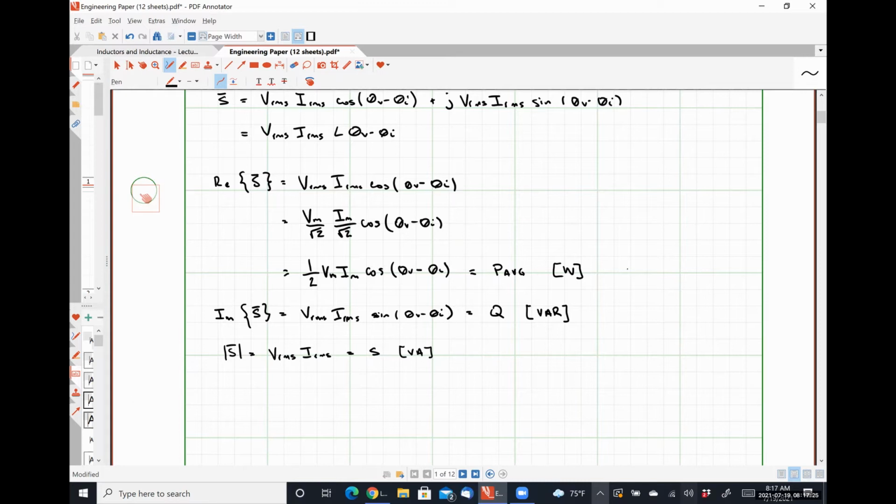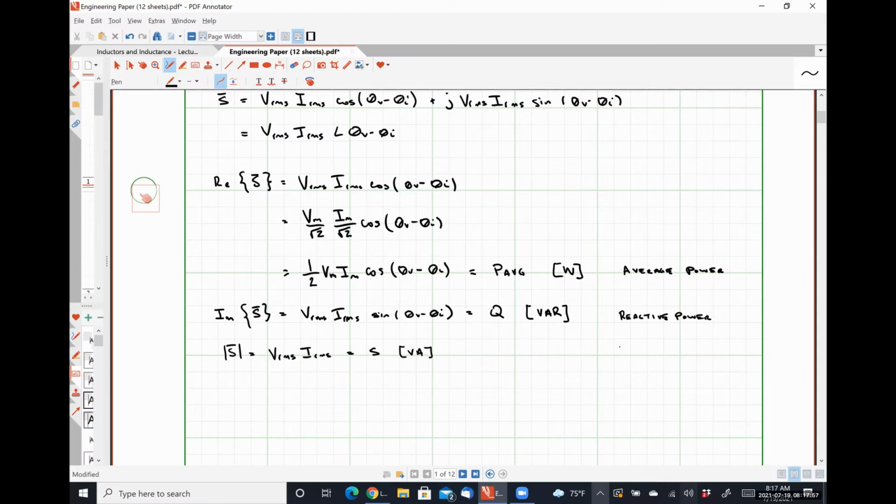So just to be clear here, we have average power measured in watts, symbolized by P. Sometimes I'll write P average, other times I'll just write P. Then we have reactive power, symbolized by Q, measured in volt amperes reactive.